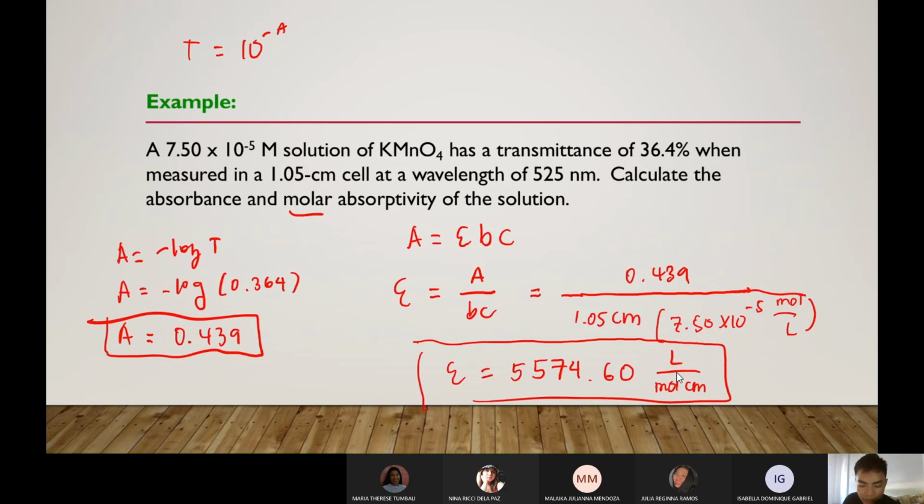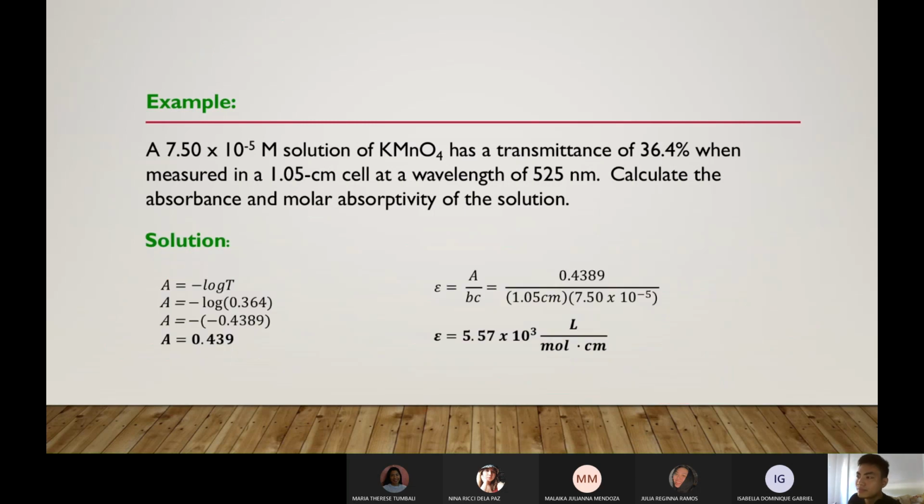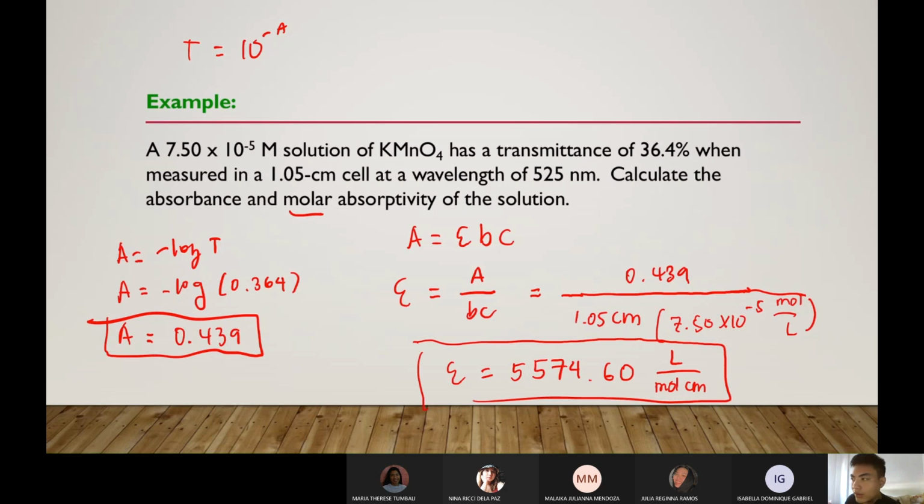So again, take note of the unit. That's liter per mole centimeter. Na ganun lang, no? Mas madali calculation natin compared sa nakaraan. Ayan. So, this time, ginawa niyan scientific notation. Okay? But, yeah, this is the answer.